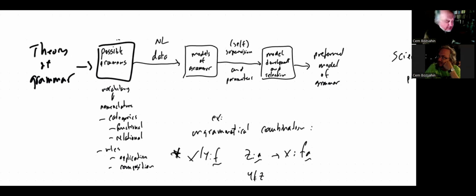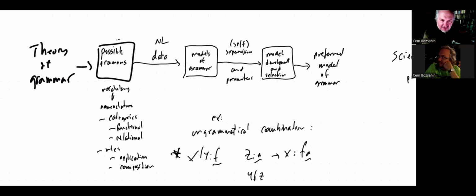And that you can only do by saying what kind of data you're exposed to and what kind of training can be done on that data, so that it's a faithful reflection of the possible models of grammar.